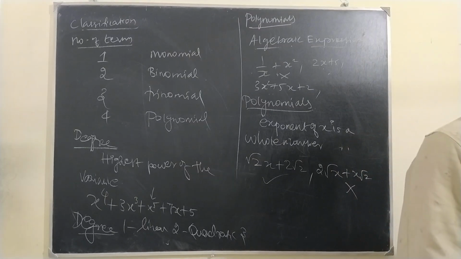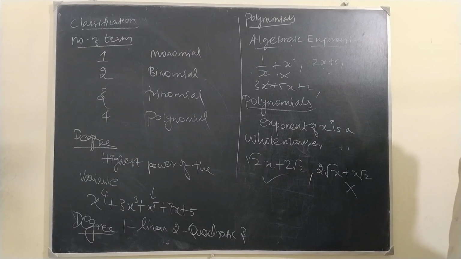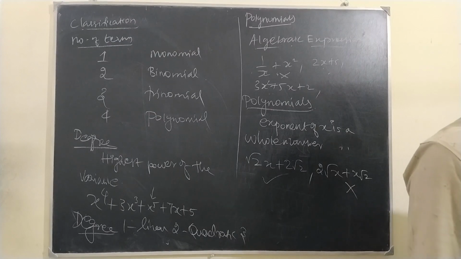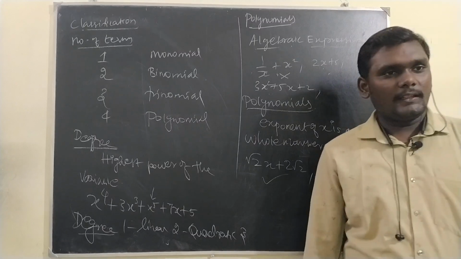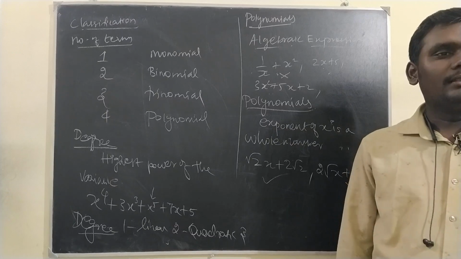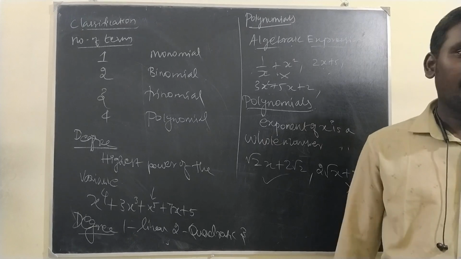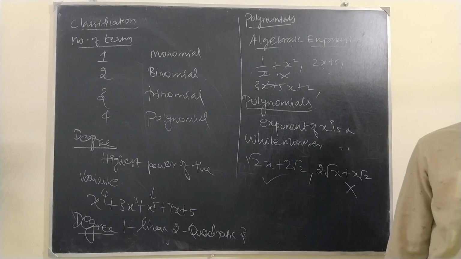Degree 5 means polynomial of degree 5 or pentic, remember? 5 penta, pentic. 6 hexa, hexic. 7 septa, septic, or heptic we may call it. 8 means octic, 9 means nonic, 10 means decic.